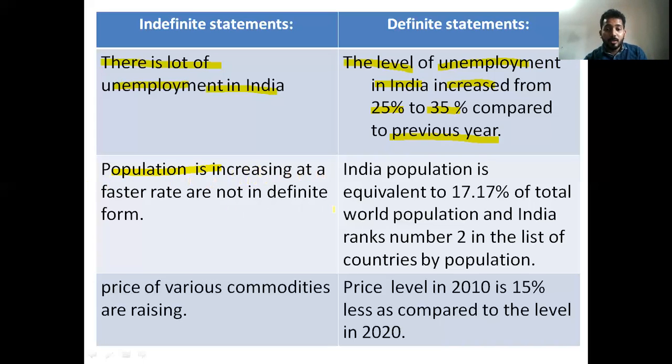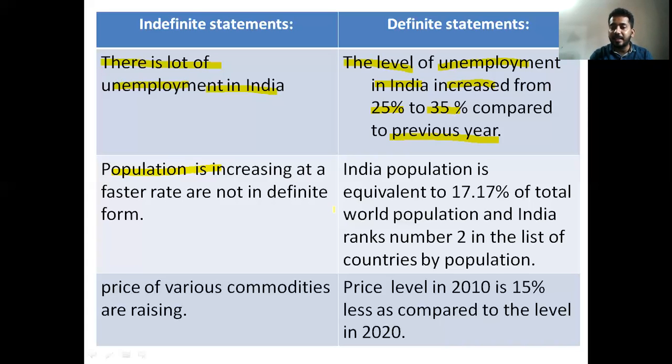If I say the population of India is equivalent to 17.17% of the total world population, and our country ranks 2 in the list of countries by population, then this second statement provides a clear picture regarding the size of the population in our country. The first statement is just vague and confusing.